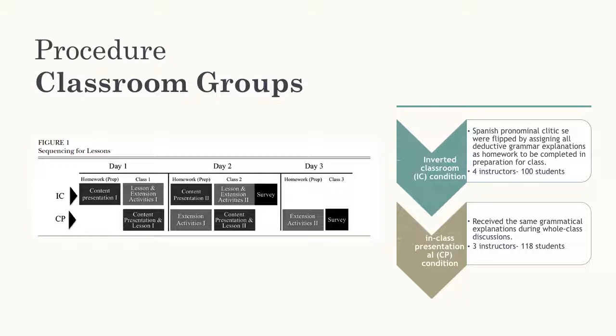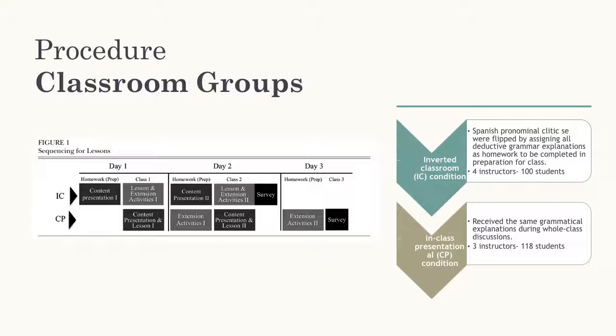The participants were divided into two groups: one group in the inverted classroom condition, and the second in the in-class presentational condition. For the inverted classroom condition, they had all the grammar explanations as homework, and they had to complete it before class.